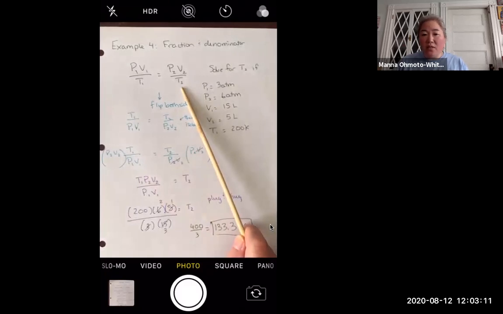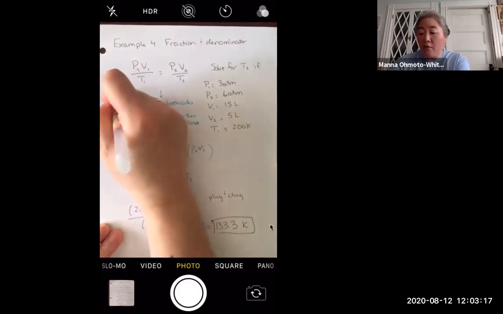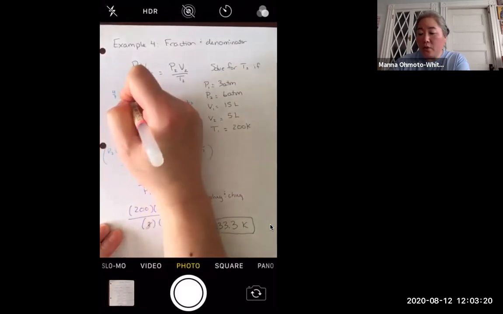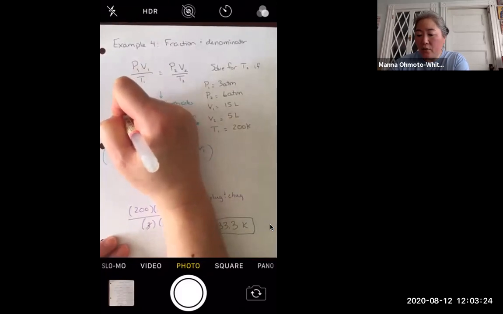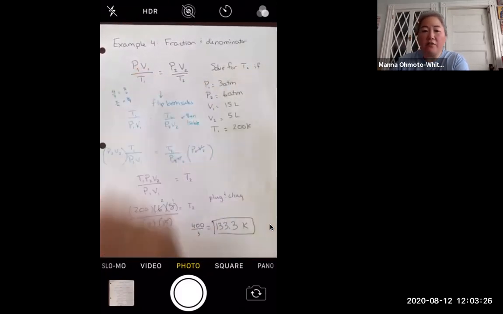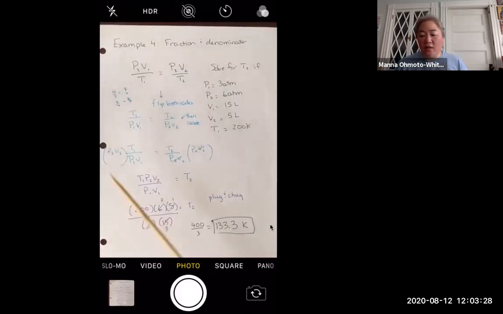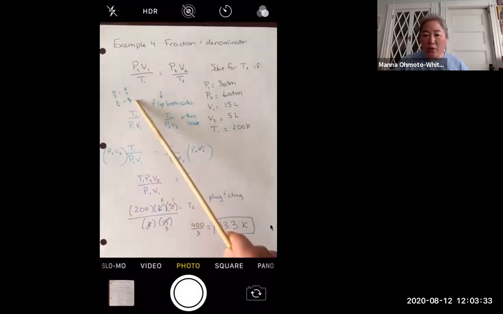So one thing that's easy to do is to just flip both fractions. So remember that something like 4/3 is equal to 8/6, I can say 3/4 is equal to 6/8. So if I flip the fractions, my quantities are still equal. They're not equal to each other the way they were, but they're still equal to one another across the sign.